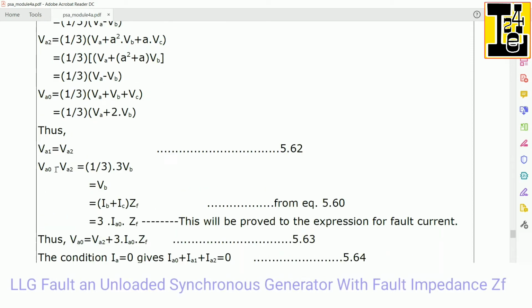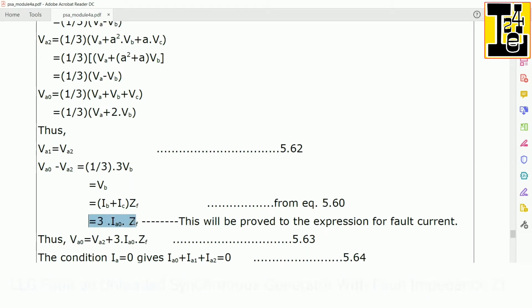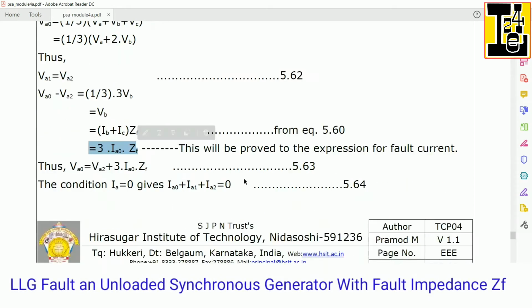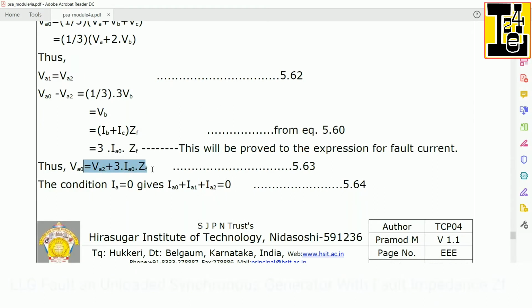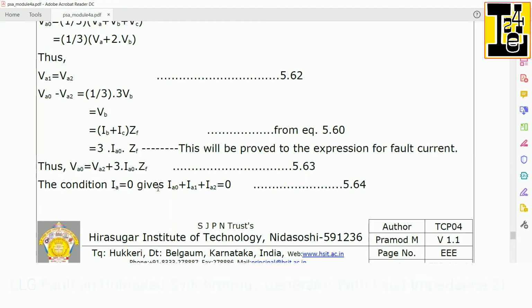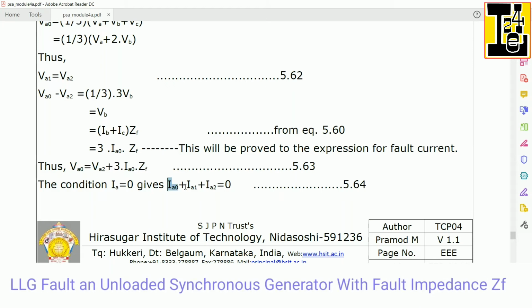What we do next is we will subtract VA2 from VA0 and we will get 3IA0 into ZF. So finally I can write VA0 is equal to VA2 plus 3IA0 ZF. As the first terminal condition, IA is equal to 0, it will give me IA0 plus IA1 plus IA2 equals 0.